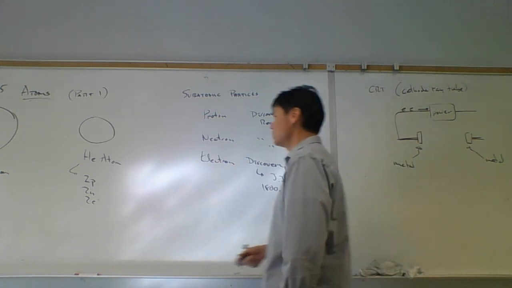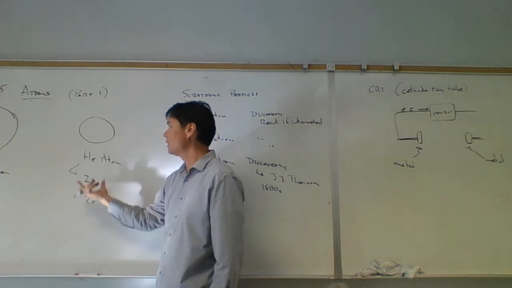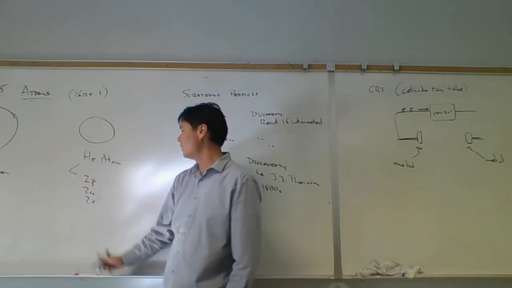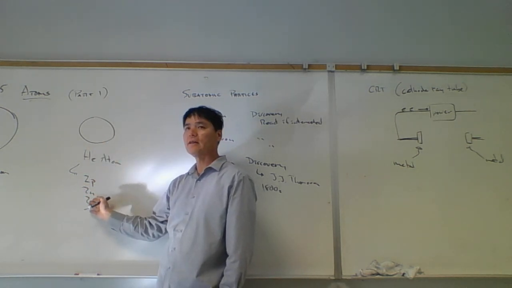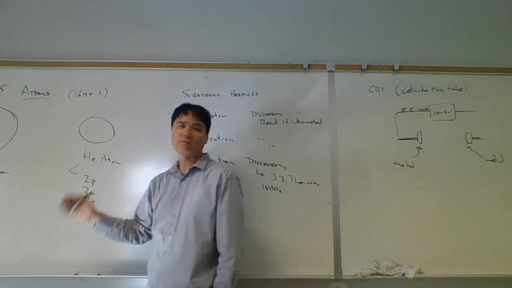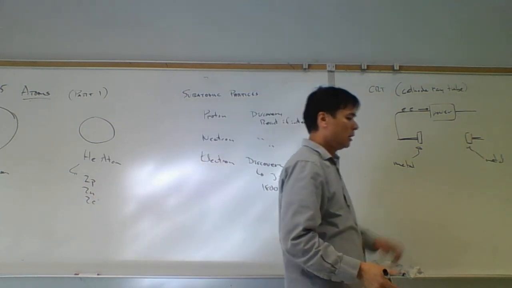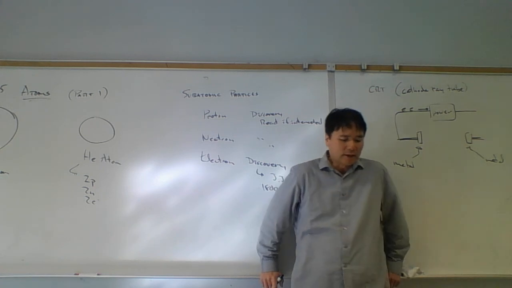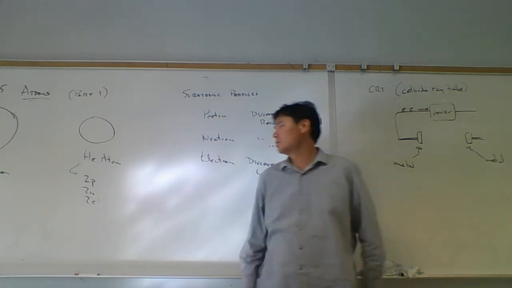Well, if it sucks electrons out from the metal, let's say we have a metal atom. Neither of these are metal atoms, but if we have a metal atom and we start removing electrons from that, there's going to be an imbalance. We're going to be left with protons, and we have something like a charge imbalance. Right now the charges are balanced.